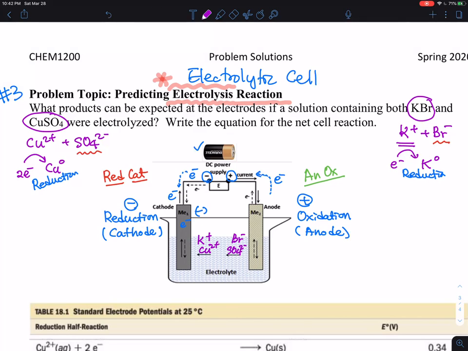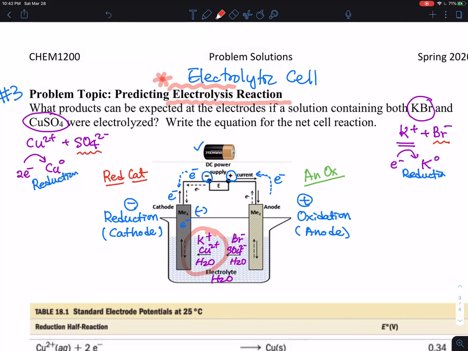And then you also need to consider the last one, which is always there, and that is a compound called H2O. H2O can be reduced or oxidized, so you might want to consider that for that case. Okay, so I want to consider the reduction of potassium plus, copper 2 plus, and water.